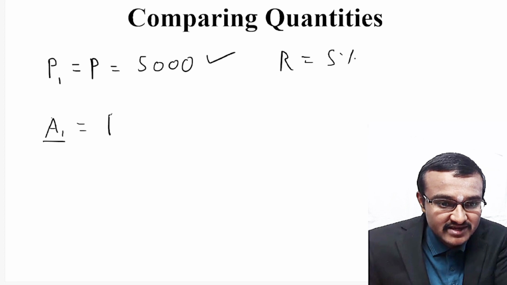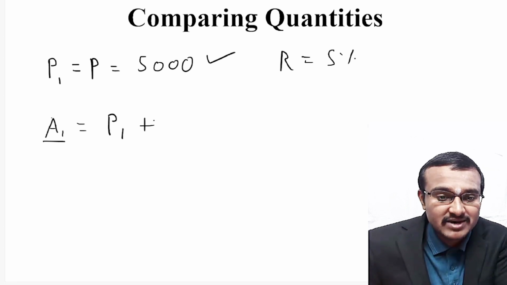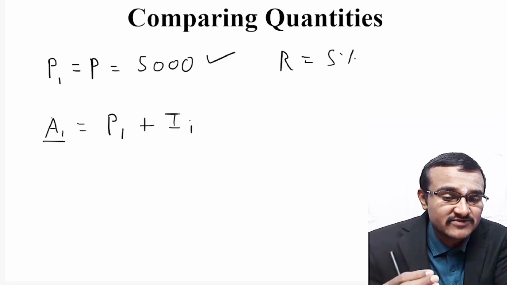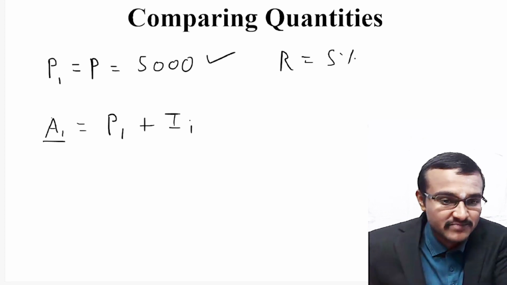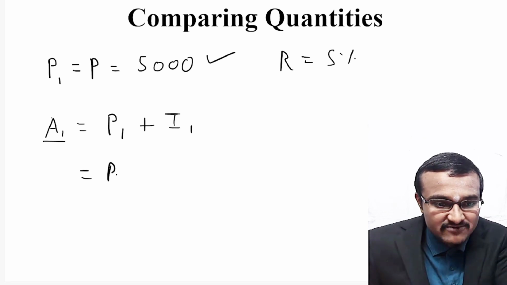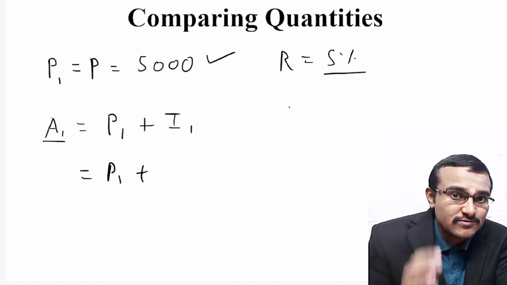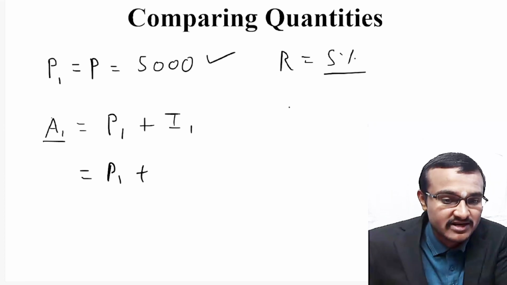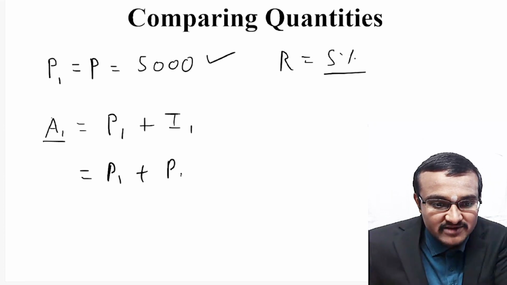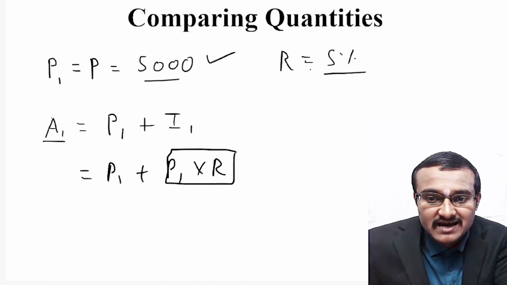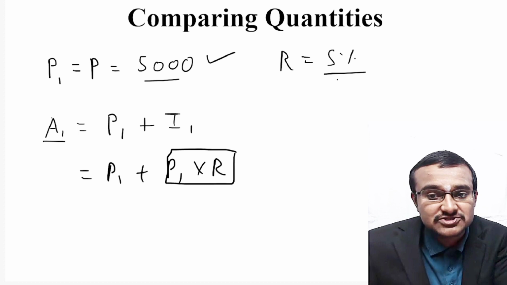That will be your principal amount P1 plus I1. I1 is the interest 1 which will be added for this P1. I1 is the interest of 5% on the first principal amount P1, so I1 will be P1 into R. P1 is 5,000 and R is 5%.